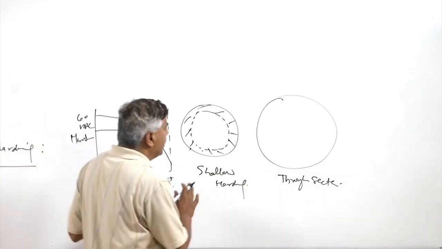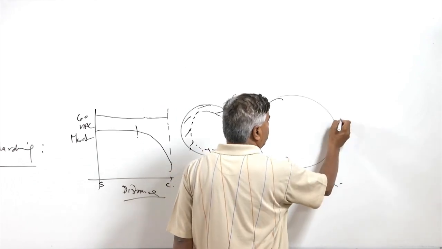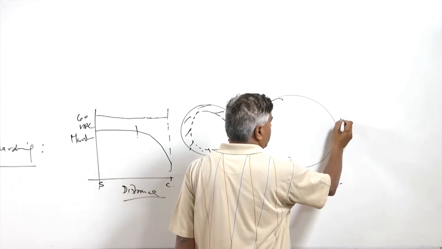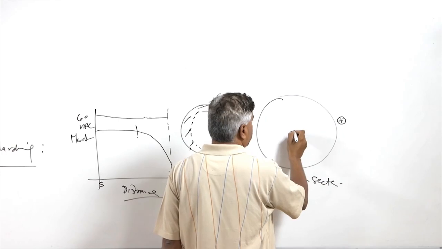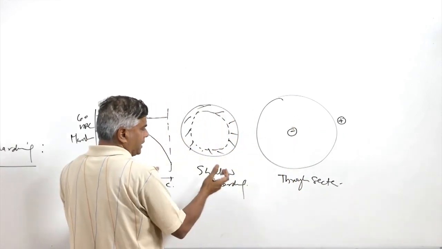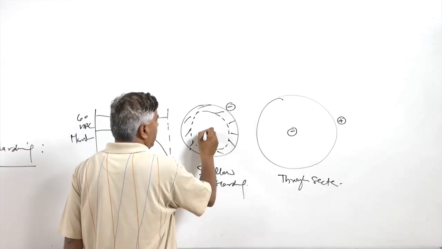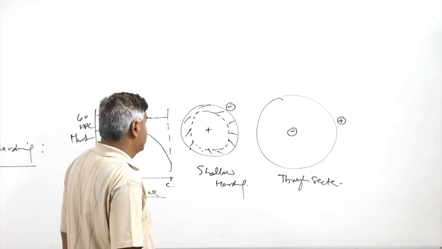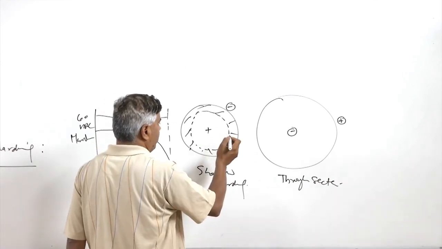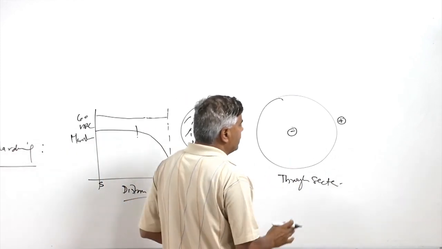In case of through section hardening, we find tensile residual stresses at the surface and compressive residual stresses at the center, while in case of the shallow hardening, compressive residual stresses exist at the surface while the tensile residual stresses exist at the center. So what is the reason behind this?